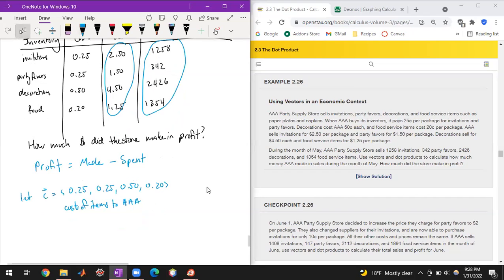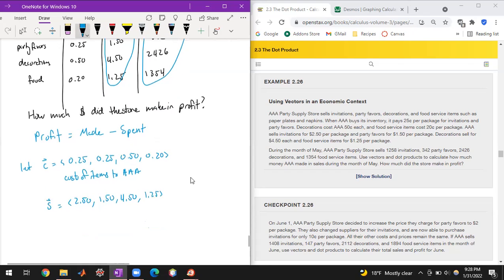I'm going to let my vector S be how much we sold them for. So we sold them for $2.50, $1.50, $4.50, and $1.25. We do want to make sure that everything horizontally matches up. If they gave us our information in the wrong order, we want to fix it before we do this work. This vector represents the amount that they sell these items for.